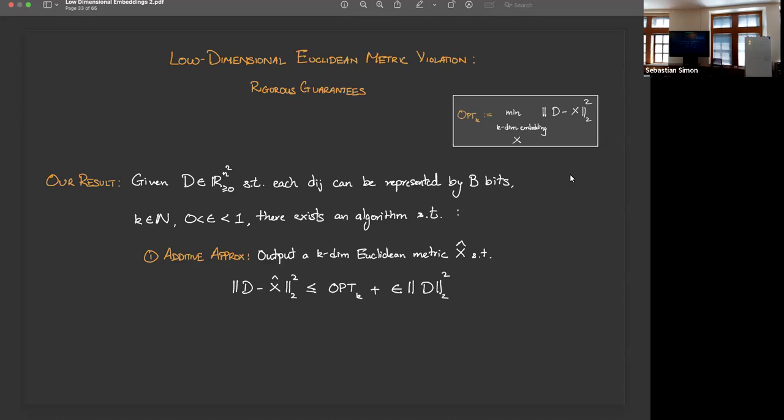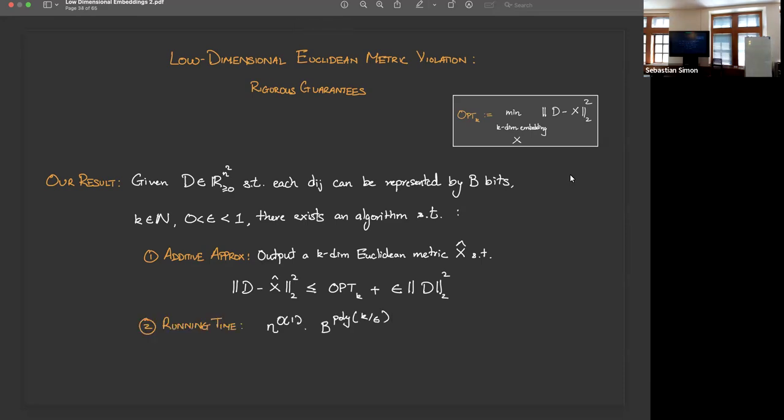What we're giving is something stronger: we'll give you the actual vectors. It's just convenient. Good question. Other questions?